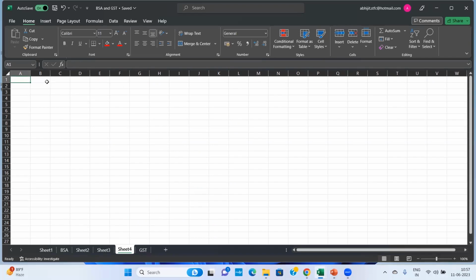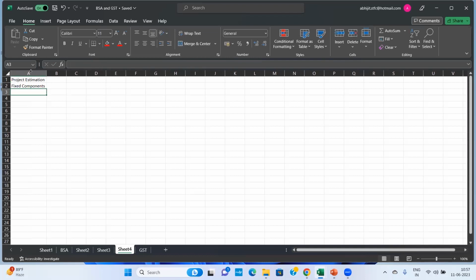Let's discuss this. Suppose I am doing project estimation. What are the fixed components? Say I am putting up a factory. The first one is land. Second is construction cost for building and shed.